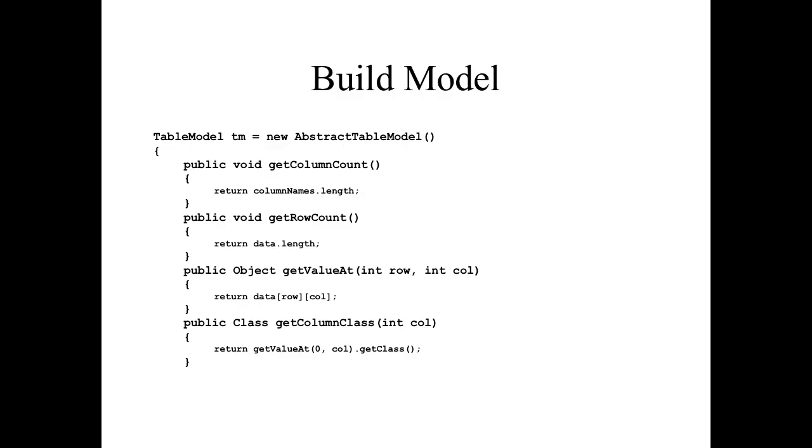The table model is typically created from an abstract model that requires an implementation of the column count, the row count, the value at each row, and the column class. And so it's a fairly easy matter to make a new instance of a table model. Just provide an implementation for the abstract table model class.